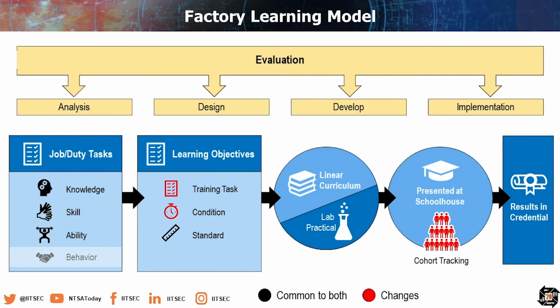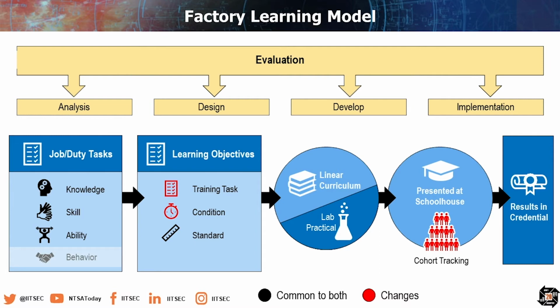And of course, in that environment, the selection of goals, the selection of tasks, the structure of the curriculum, the presentation of the curriculum, that's all managed for you by the organization. And then you, as the learner, are the recipient of things. And it's done in the same order every time.